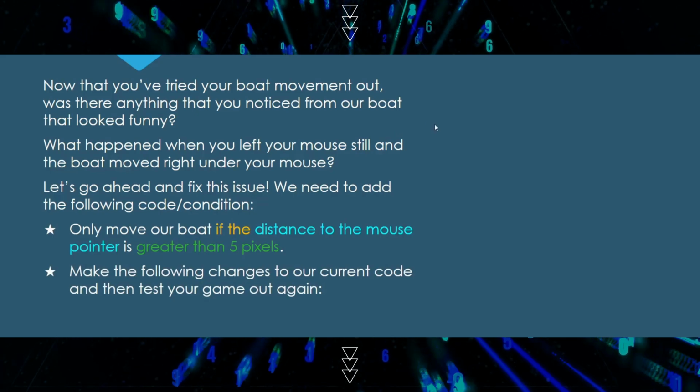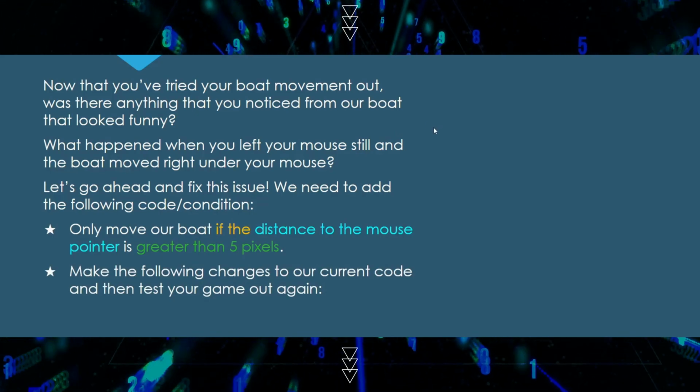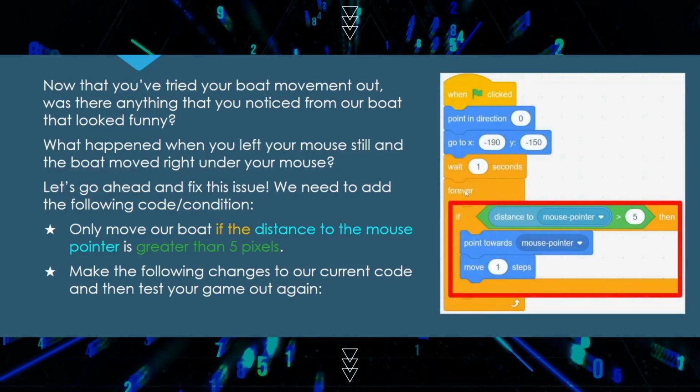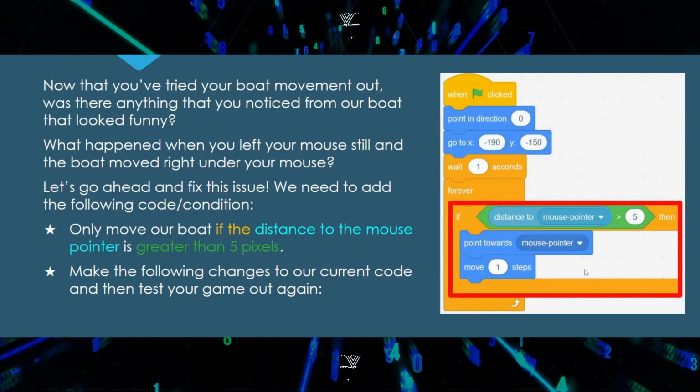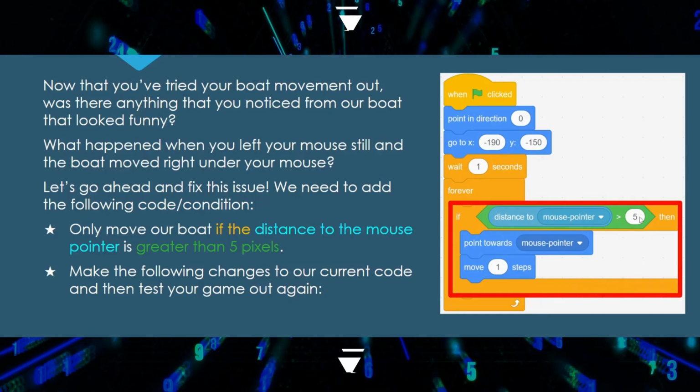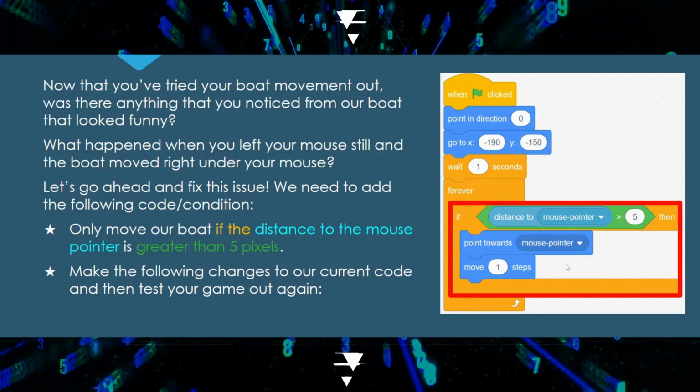Now, make the following changes to your current code, and then test out your game again. So now we are going to add a condition to our movement that it needs to be greater than 5 pixels in order to move.